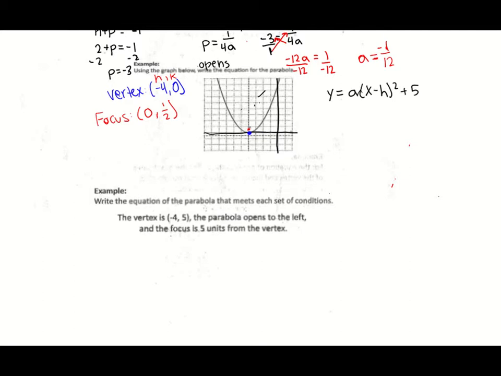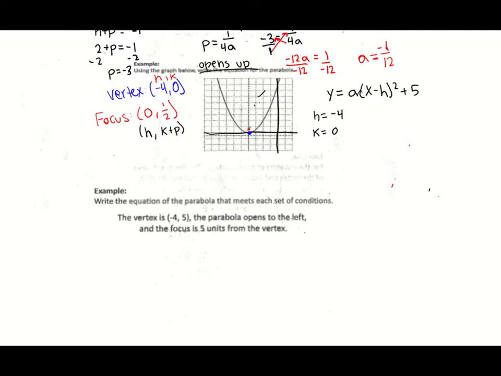I know that's my equation because it opens up. And then I'm going to list my terms already. I know h equals -4. I know k equals 0. My focus point is h, comma k plus p.